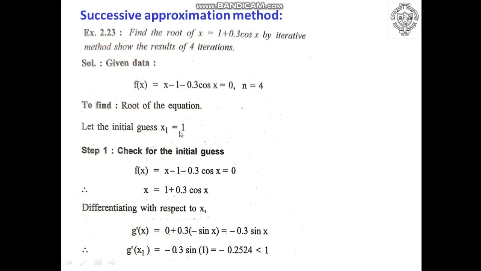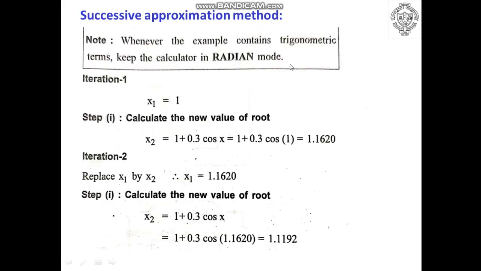Now we substitute the initial guess, which we selected as 1, in g'(x) to verify whether it is less than 1. I get -0.3 sin 1, which is equal to -0.2524, which is less than 1. So the initial guess is correct, and we can go for the first iteration.